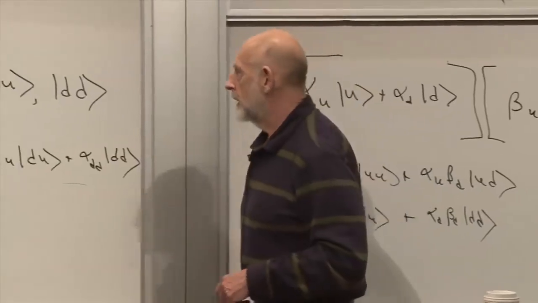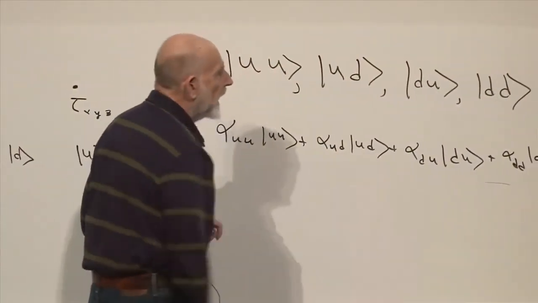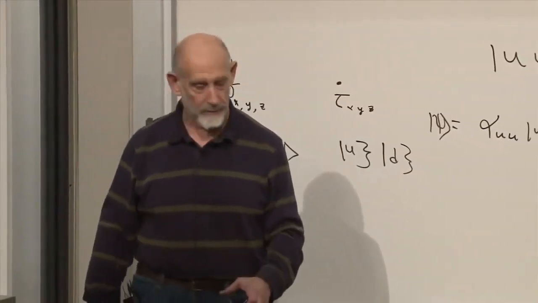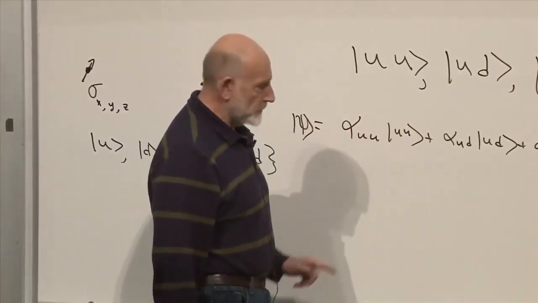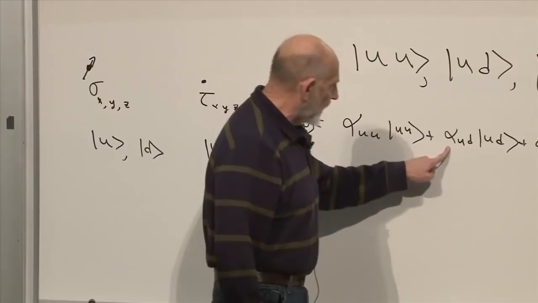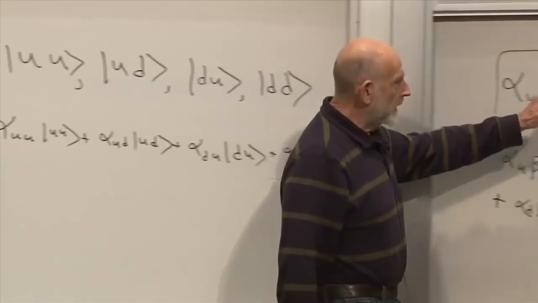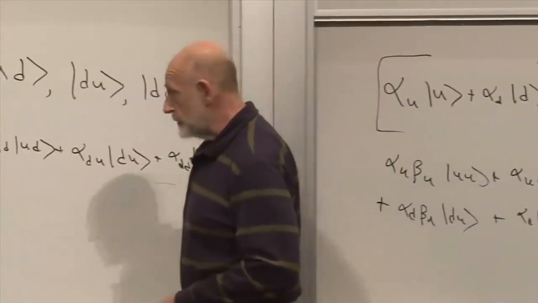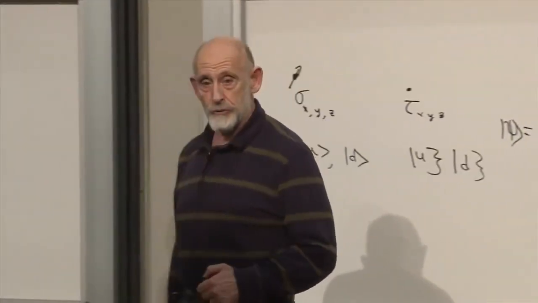Given a general system, a general state vector, how many independent parameters does it take to describe it? And the answer is 4 complex numbers. Alpha up, up, alpha up, down, alpha down, up, alpha down, down. I am not assuming that it has this special form. Just general 4 numbers. 4 complex numbers is 8 real numbers.